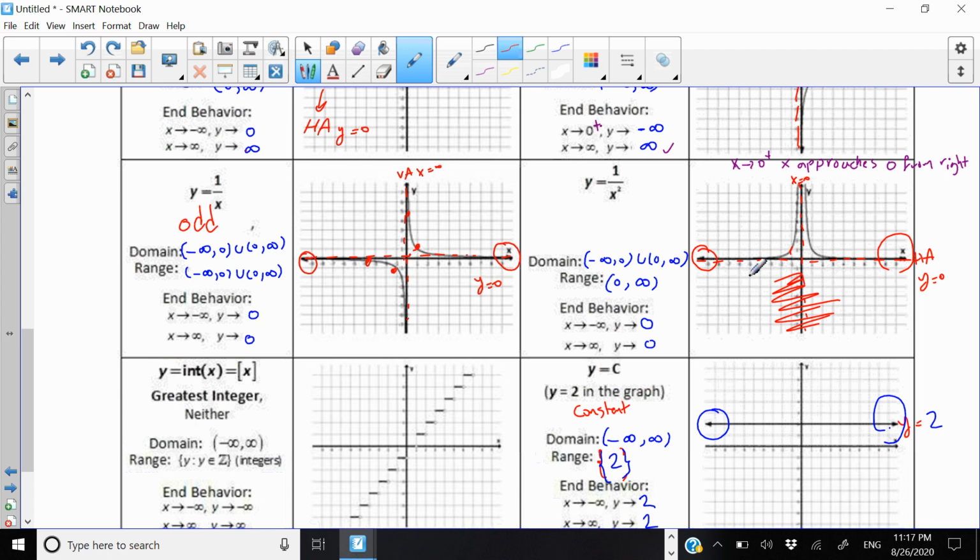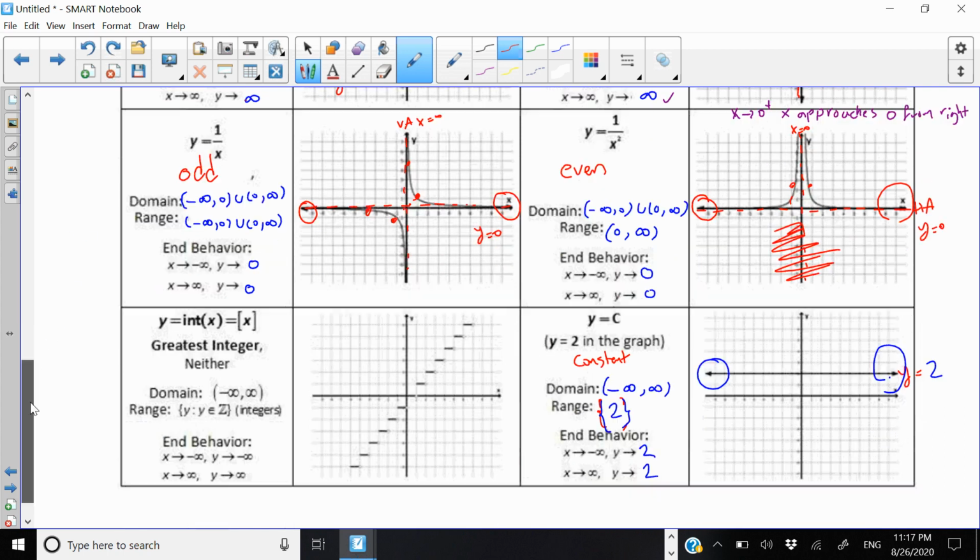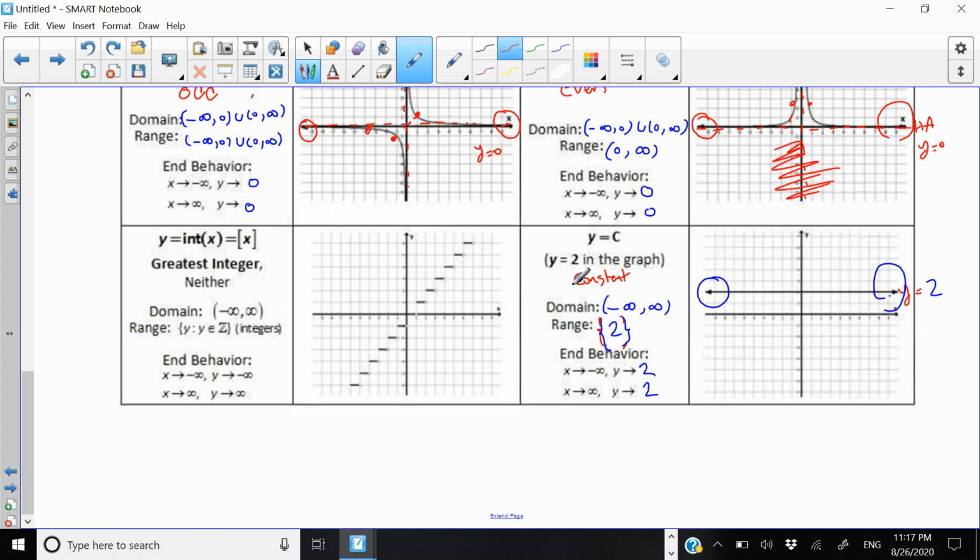How about this one? You see that any point on the right side has a mirror on the left side. It's symmetry to the y-axis, so this is even. The constant function, any point on the right side has a point on the left side. So this one is even.